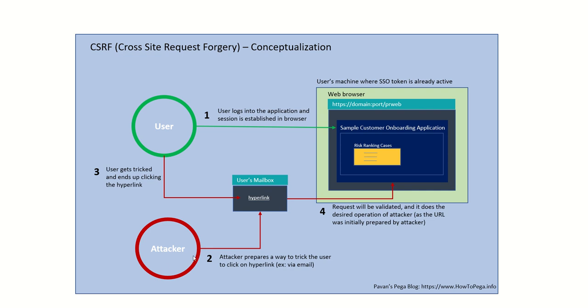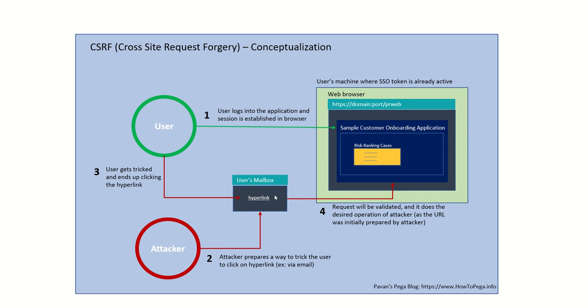But what if the attacker mimics some hyperlink which will be sent to the user's mailbox or through some other means? It will be sent to the user, and the user will be tempted or tricked to click on that hyperlink. The hyperlink is more like a server URL, probably appended with something to run an activity which will ultimately do some malicious job.